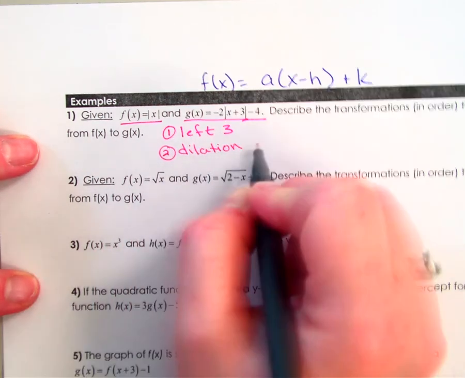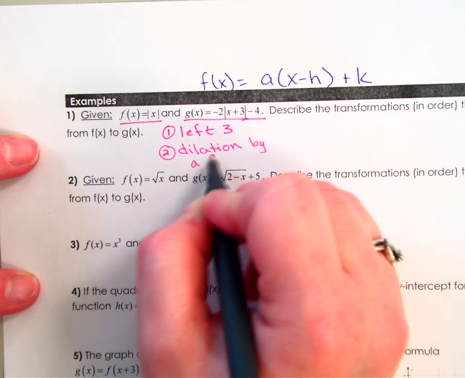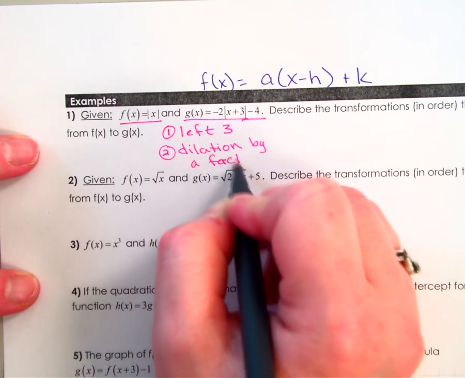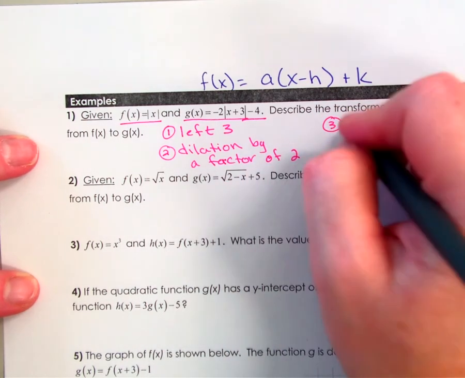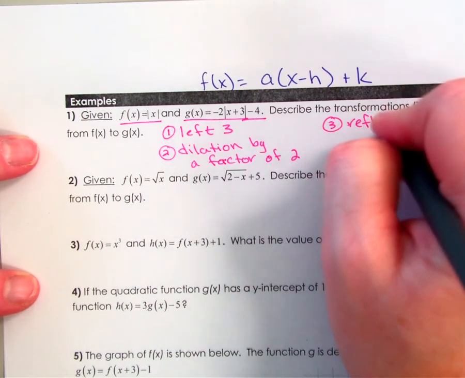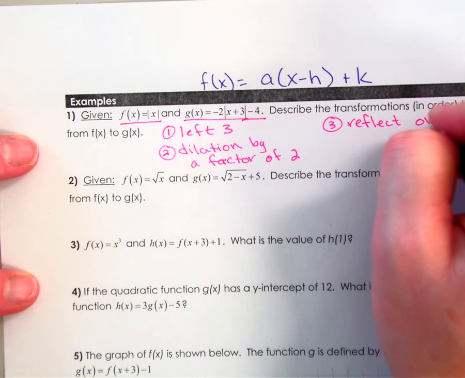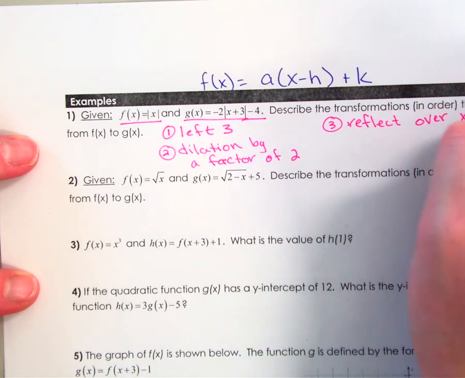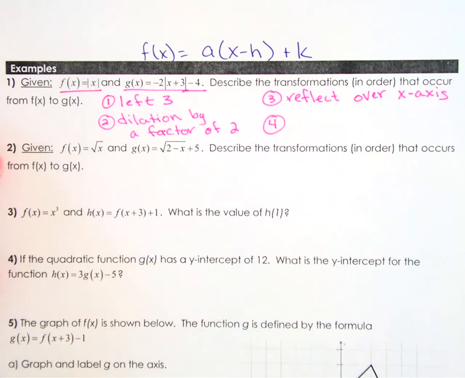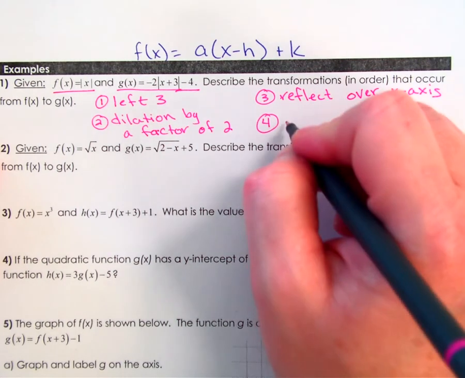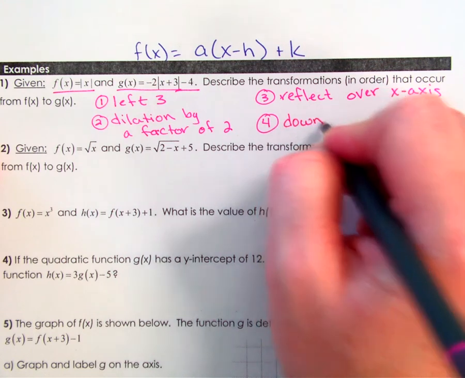First, it's a dilation by a factor of 2. And then the third one, this one would reflect over the x-axis. Sorry, misspoke. And the fourth thing happening here is that -4, so that's going to make it shift down 4.